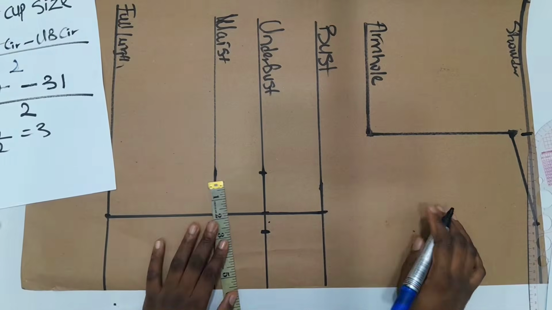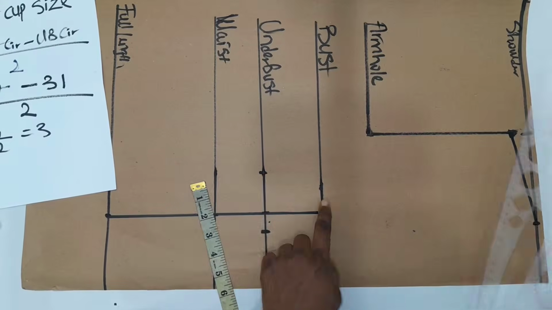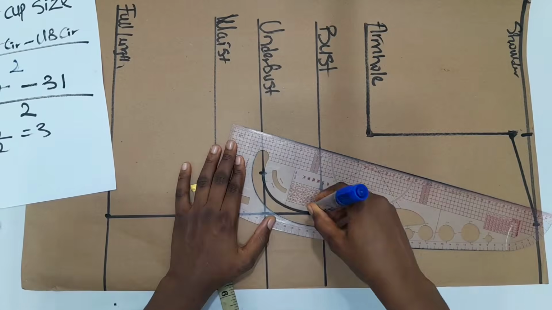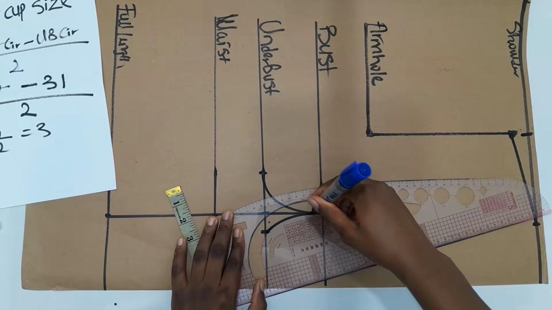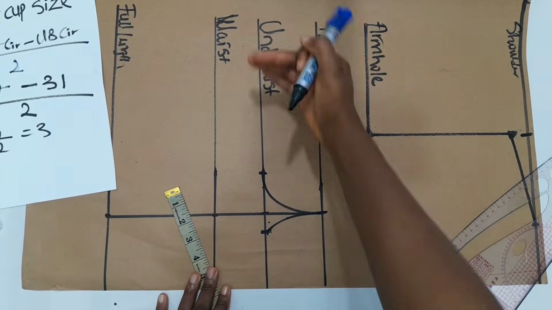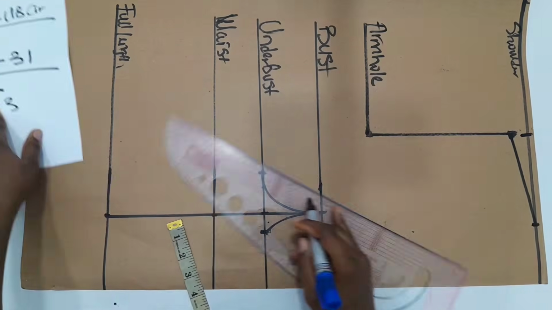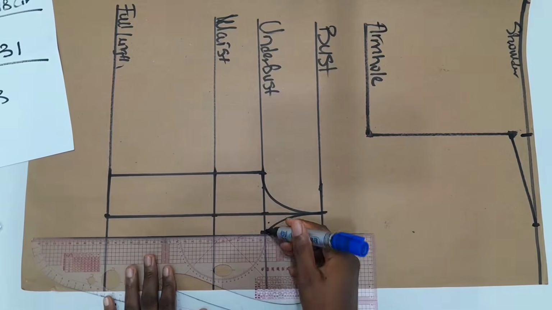So when I have this now, I will just go ahead and connect it to my bust like this. I'll be using the curved part of my ruler, and just like this, I will connect it to my bust. So this space that we have within here, we would always replace it. Next, I'm just going to draw this line downward like this, because this now becomes a bust dart.